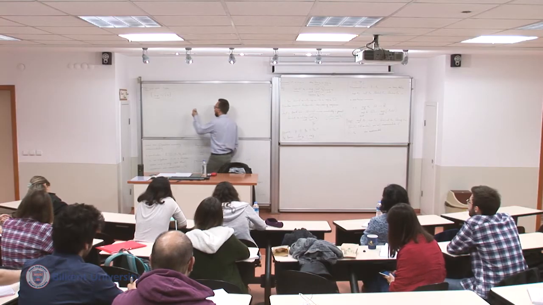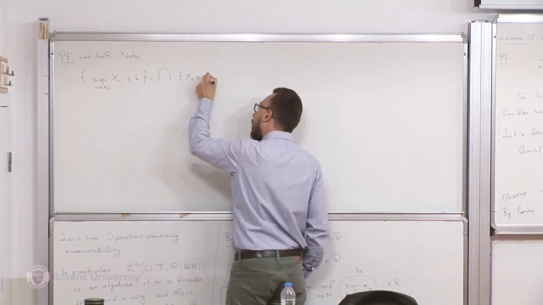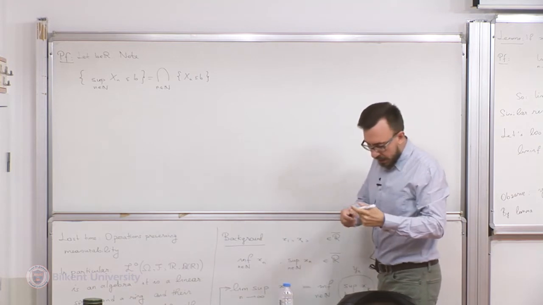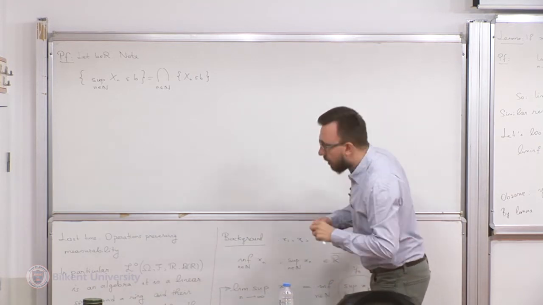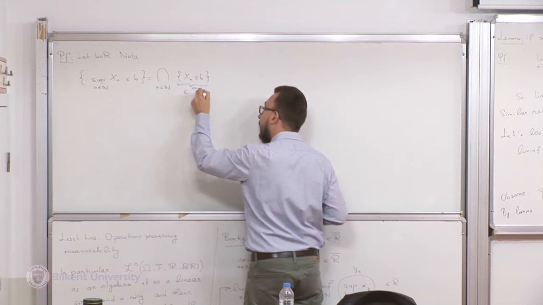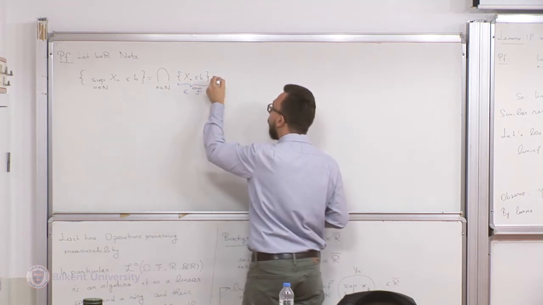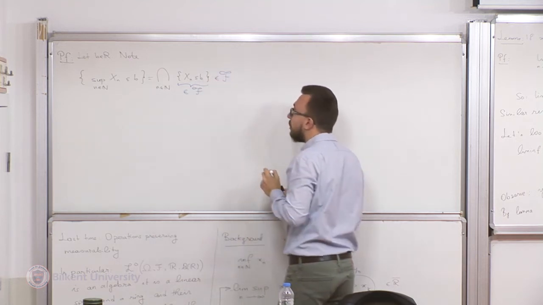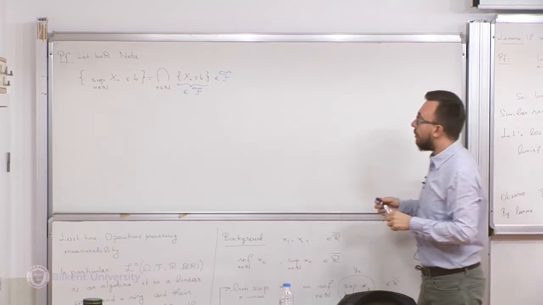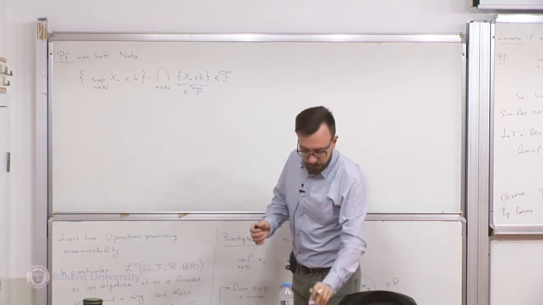You can just write it as the intersection of xn less than b for all n. Now that xn is measurable, xn less than b is a measurable set, and therefore their countable intersection is also a measurable set. So we're done with supremum.